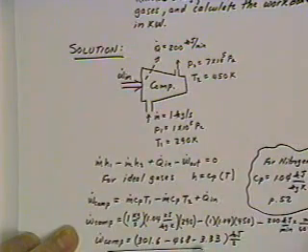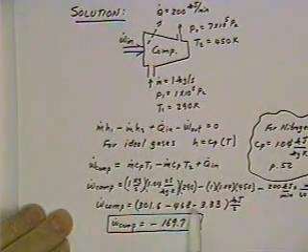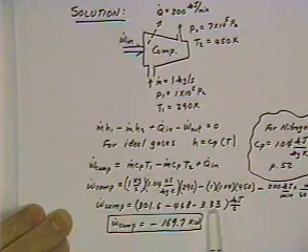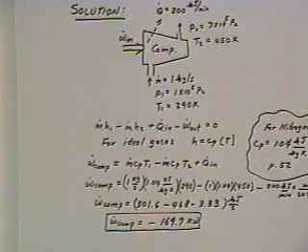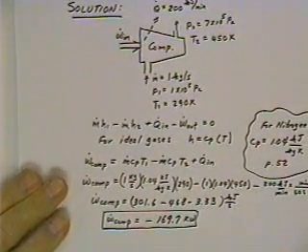And so the work of the compressor then is equal to 301.6 minus 468 minus 3.33. The 3.33 is the heat loss term. It's small compared to the other terms, and that's one of the reasons why normally you could assume that the heat losses are fairly small from something like this.